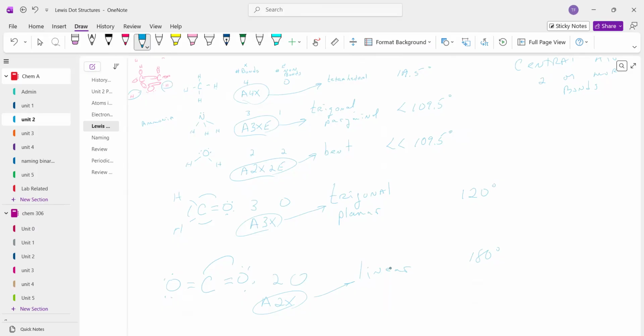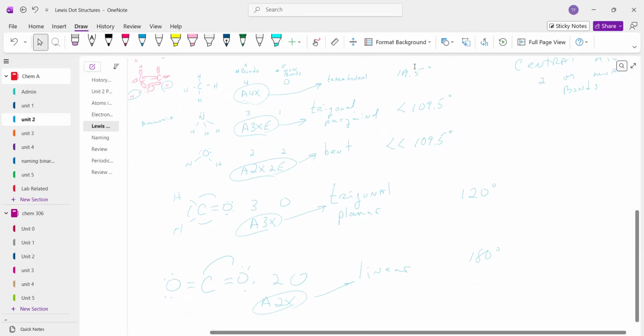So there's no prelab, dry lab is no prelab. So that's what we're doing for this. Linear, trigonal planar, all that.